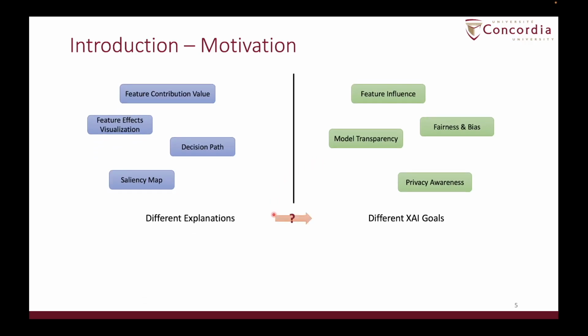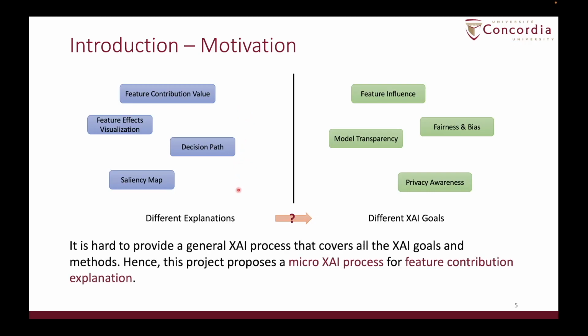While there is no research on the general process of the XAI project, we intended to provide such a process to help XAI practitioners identify the clear XAI goal, select the appropriate XAI method, and evaluate the selected methods. It takes work to define a general process that covers all the goals and methods. Hence, in this project, we focus on the process definition for feature contribution explanation.